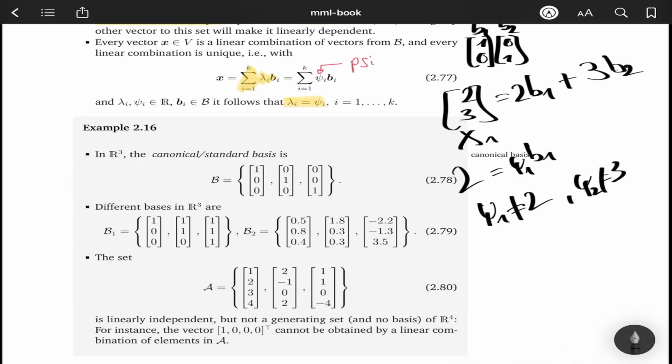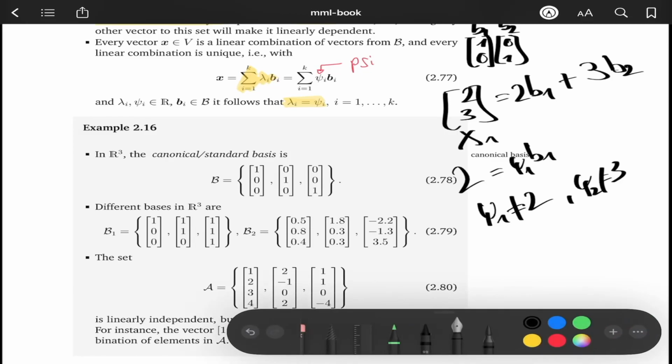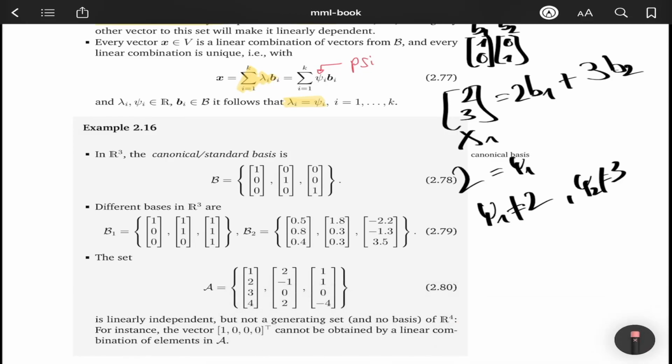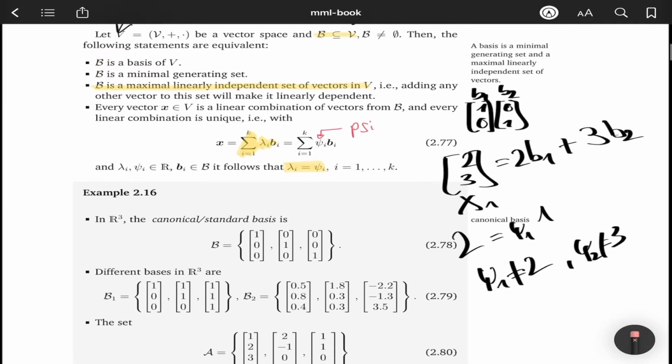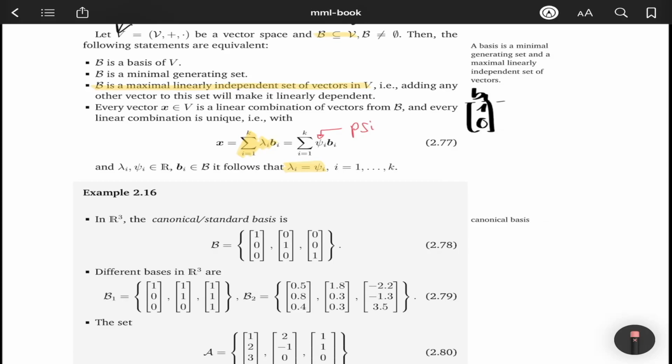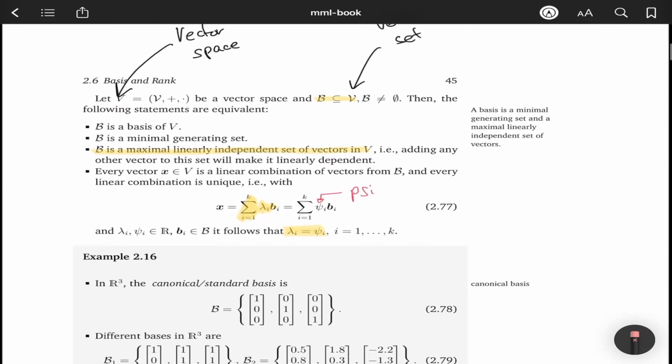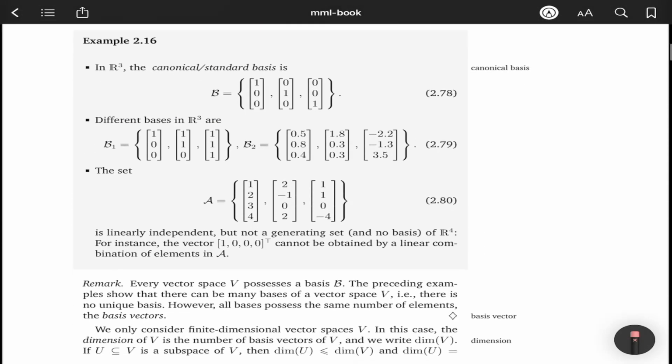We want to find what is 2 if we multiply c1 with b1, and we know that b1 is 1. Only 2 will solve this. Therefore, this equation makes sense. So C and lambda must be the same, or every linear combination is unique. Yeah, that makes sense.